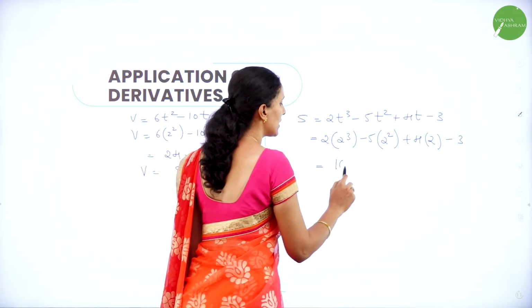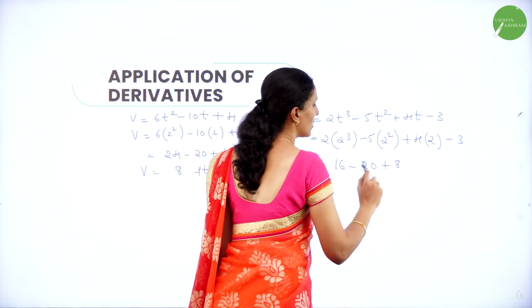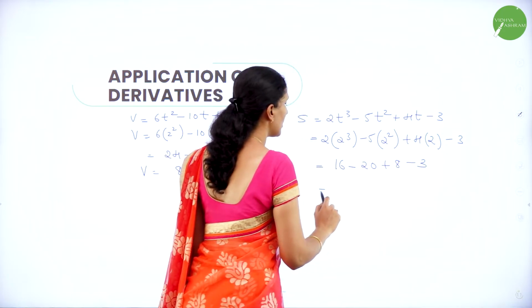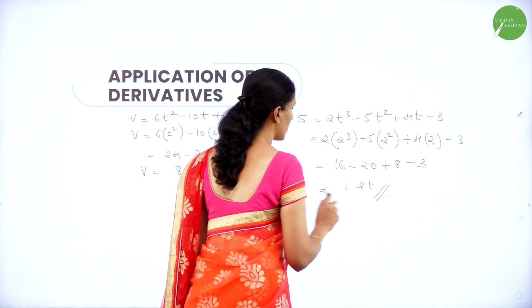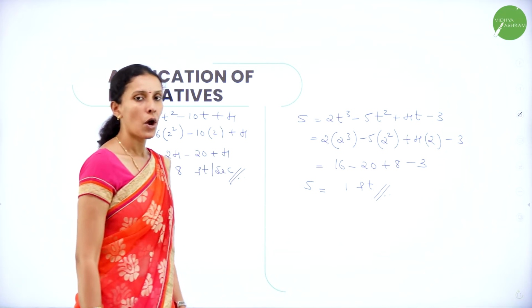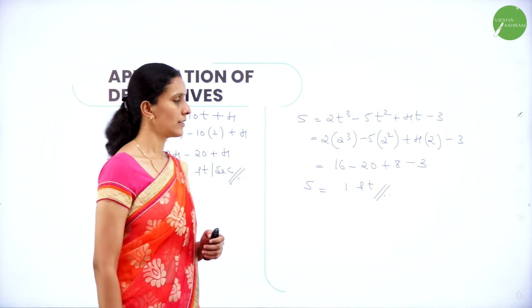So it is 16 minus 20 plus 8 minus 3, which is equal to 1, we will write it as feet. So the displacement of the particle is 1 feet at the time t is equal to 2 seconds.